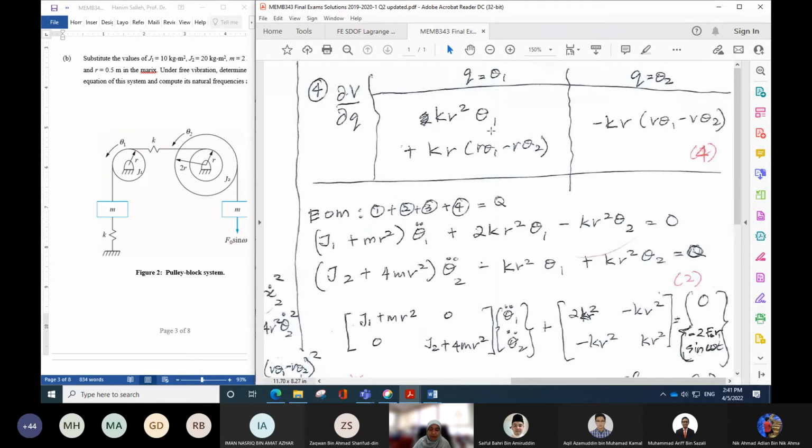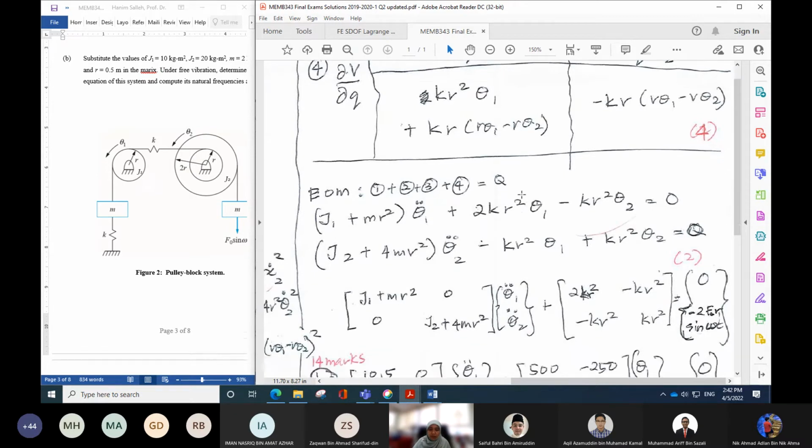Oh yes, you don't have a k r2 theta 1 term here, you just have one expression, because your x1 is this side here. You don't have anything with k and x2 here.